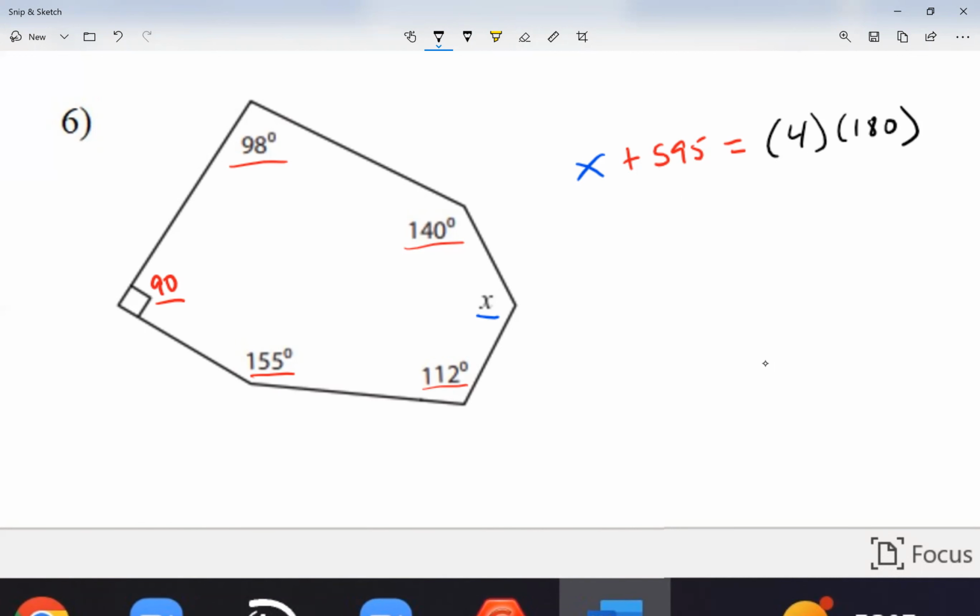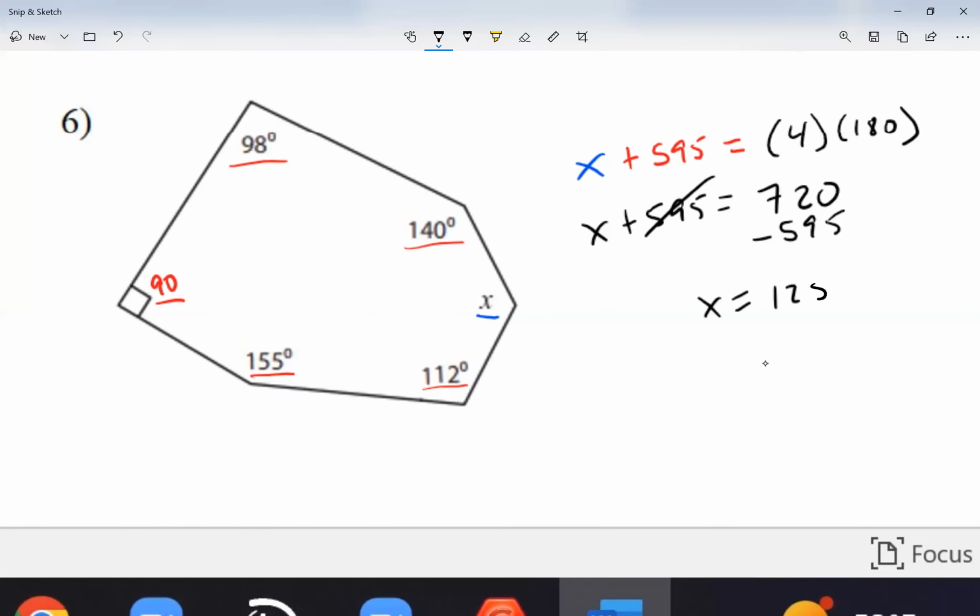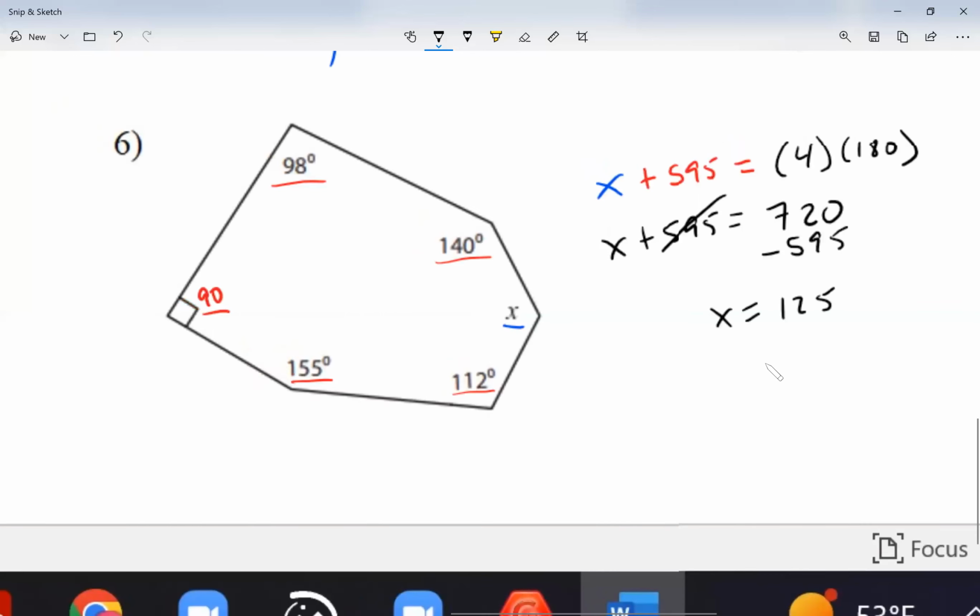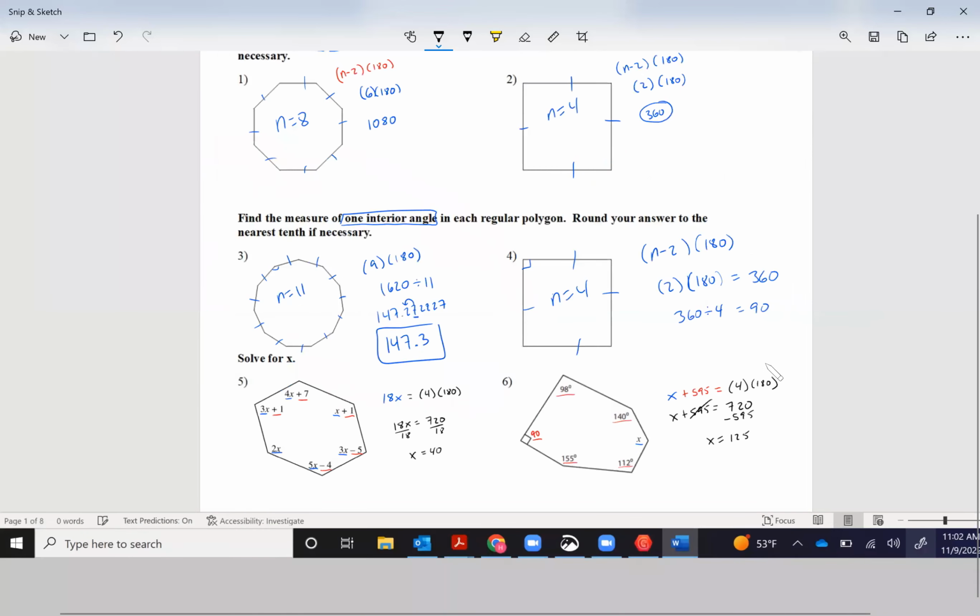So I have x plus 595 equals 720. Solve for x. My plus 595, let me move it over as a minus 595. So I get x equals 125. Easy, right? There you go.